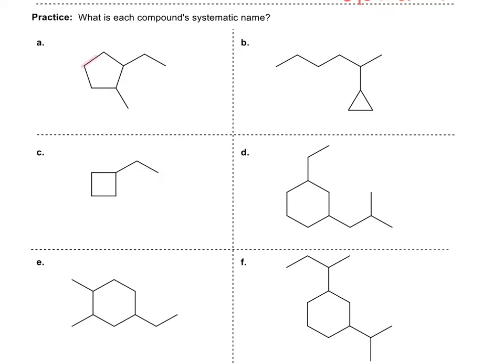So the first one, our parent is going to be cyclopentane. We have 2 substituents on the ring, so the numbers are assigned alphabetically, whichever alphabetically comes first. So we have an ethyl up here. We have a methyl down here. So this will be 1 and 2. So we're going to have 1-ethyl, 2-methyl, and our parent is cyclopentane.